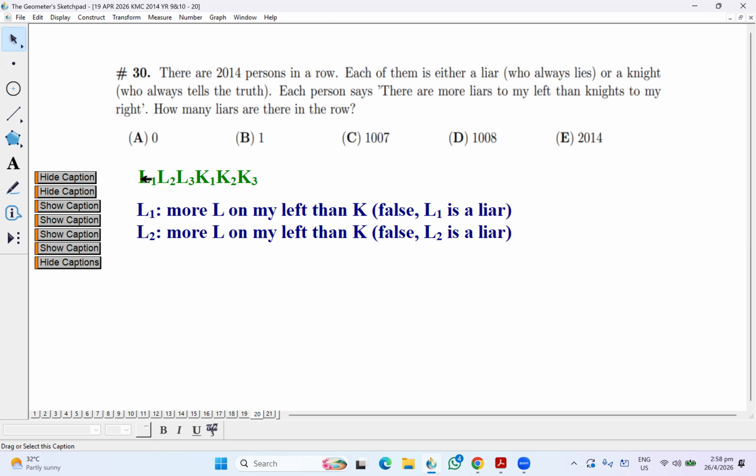L2 got 1 liar on the left and 3 knights on the right, so L2 is also lying. Person number 2 is a liar.